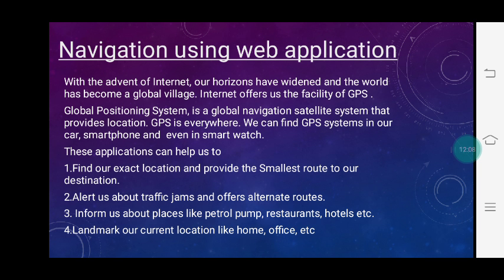These applications can help us find our exact location and provide the shortest route to our destination, alert us about traffic jams, and offer us alternate routes. They inform us about places like restaurants, petrol pumps, emergency assistance, hotels, and so on.